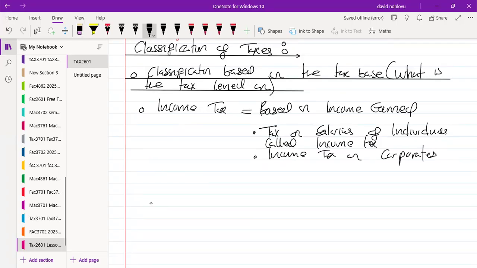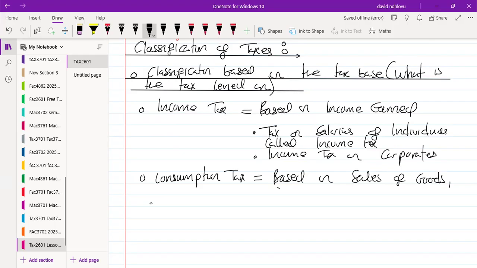Right. Also under the taxes that are based on the tax base, we have what we call consumption taxes. These are based on the sale of goods, commodities, and provision of services.